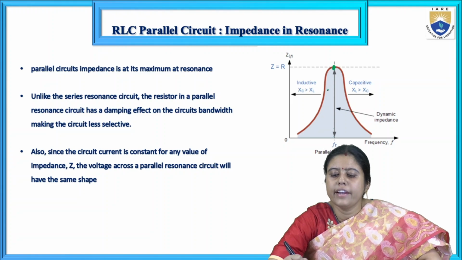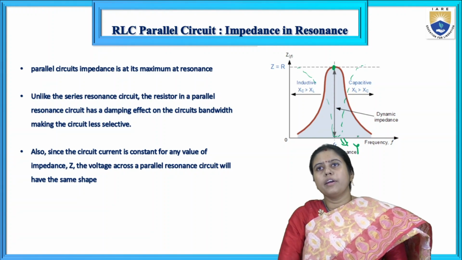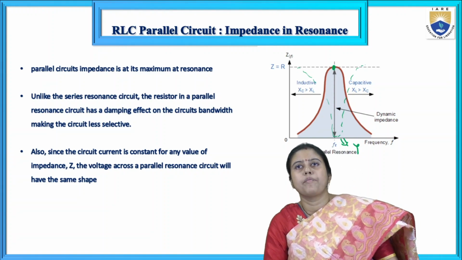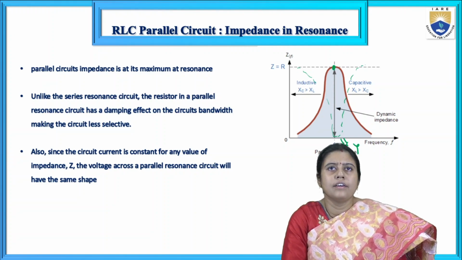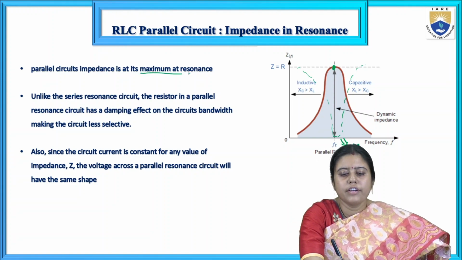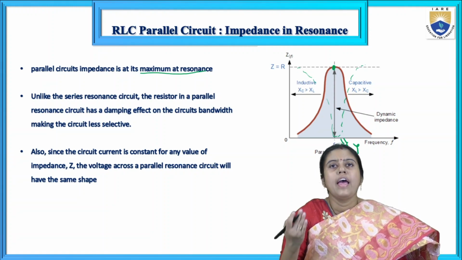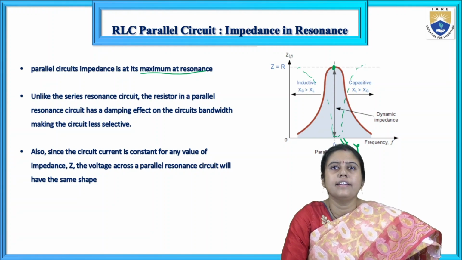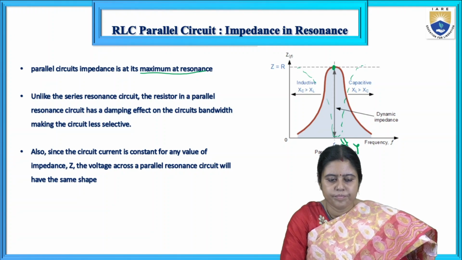What is the meaning of Z being maximum? It means Y is minimum. Actually we cannot plot Y, rather we plot Z. In parallel circuits, admittance is minimum, so we can tell that the impedance is at its maximum at resonance.